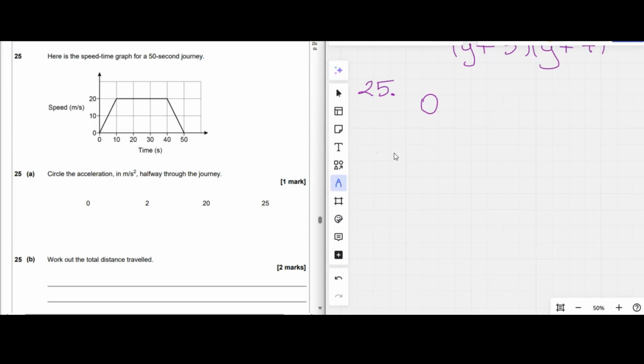Work out the total distance traveled. Speed is distance over time, so distance is speed times time.